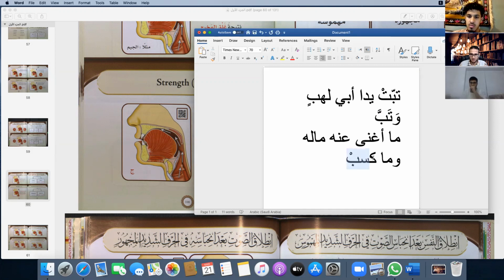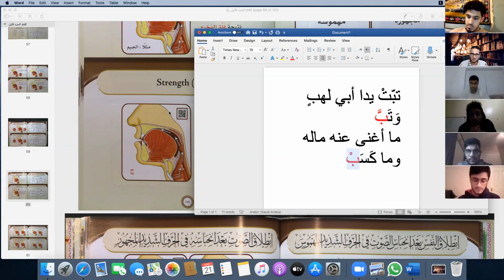How do you read this word here? Kasab. Say it again. Kasab. You didn't say the qalqala. That is the difference now between this one and this one. Who tells me how can I say this ba? ما أغنى عنه ماله وما كسب.